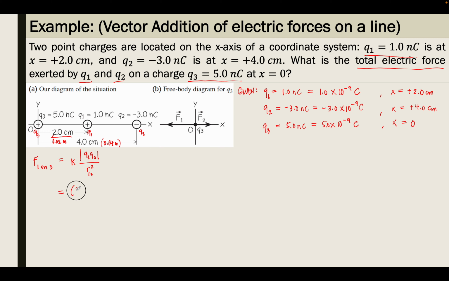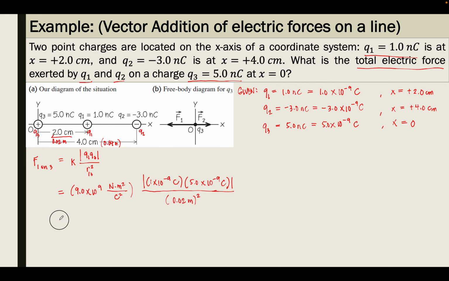We have K is 9 times 10 to the power of positive 9 newton meter squared over coulomb squared, times the absolute value of Q1, which is 1 times 10 to the power of negative 9 coulomb, times Q3, which is 5 times 10 to the power of negative 9 coulomb, divided by R squared, which is 0.02 meter quantity squared.